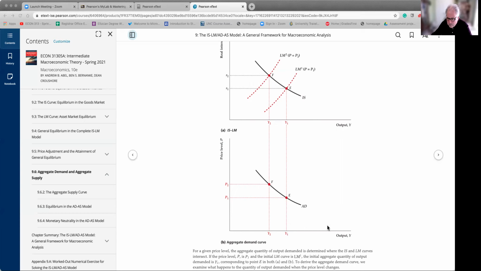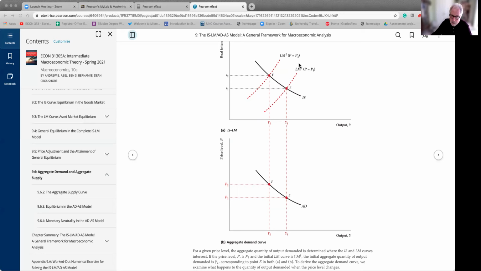The equilibrium level of real GDP, what happens to that? That is measured on the horizontal axis for a given price level. So anything that shifts the IS curve, anything that shifts the LM curve, except for the price level, will shift the aggregate demand curve. That means anything that shifts investment or saving in the goods market will shift the aggregate demand.